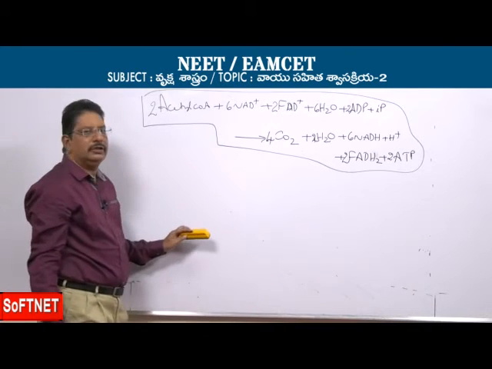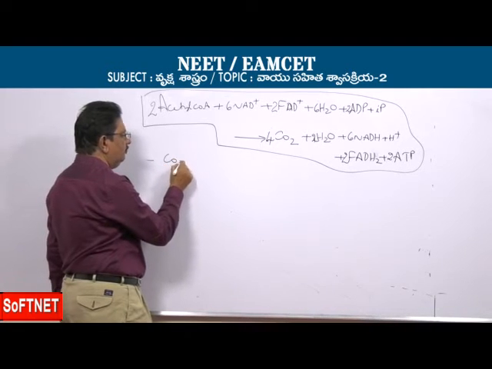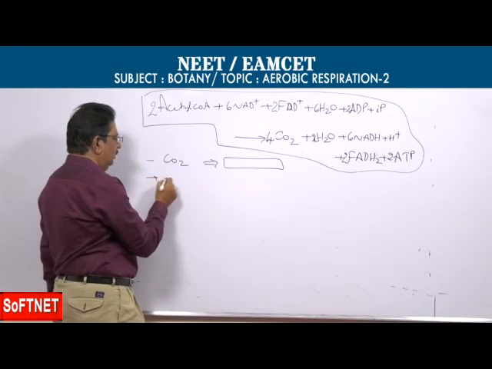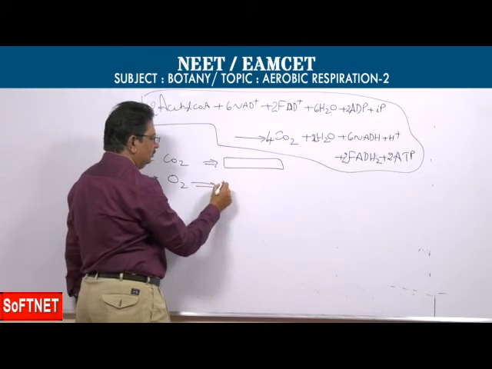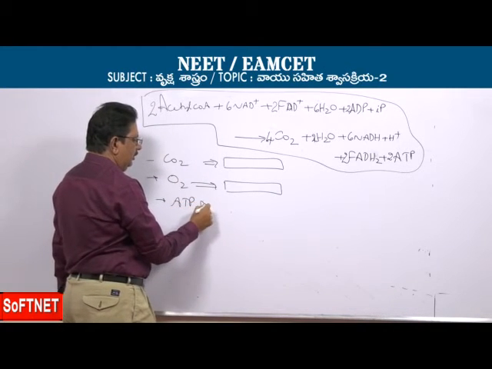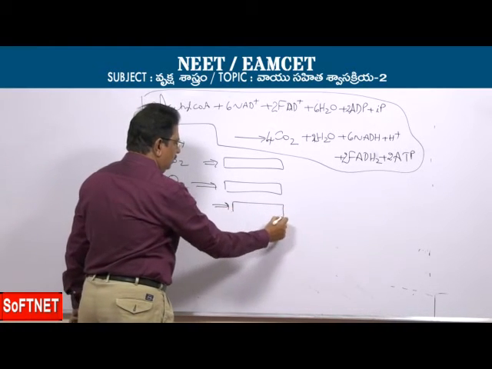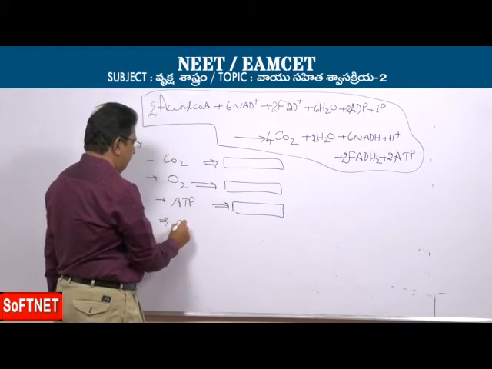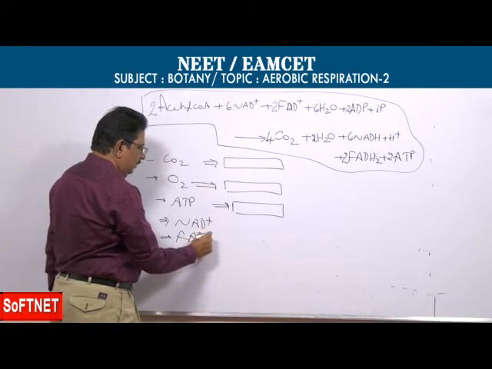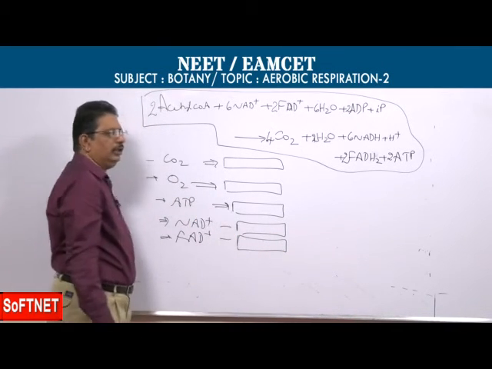And in the Krebs cycle, what happens to CO2 molecules, oxygen, ATP molecules, and NAD plus and FAD plus?